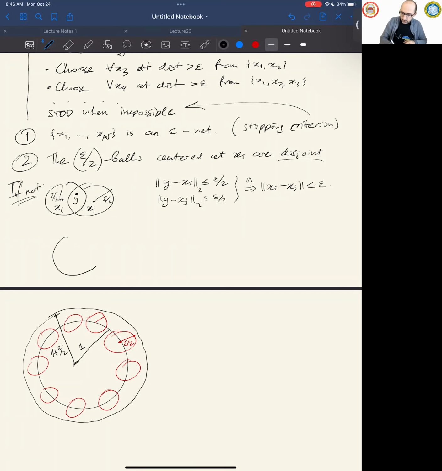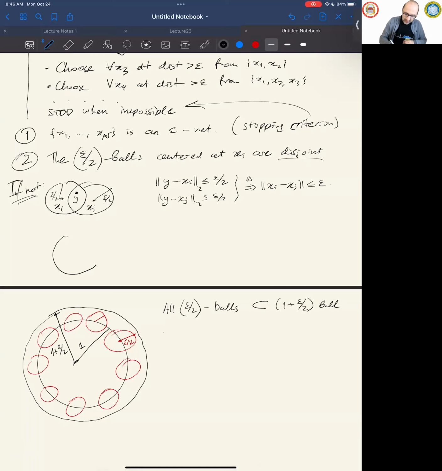So let's compare the volumes. All epsilon over 2 balls lie in the 1 plus epsilon over 2 ball. The volume of these little balls is n, how many of them, times the volume of each.